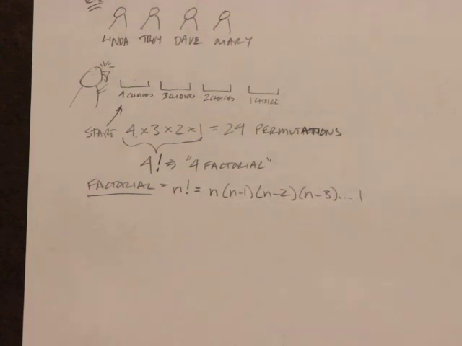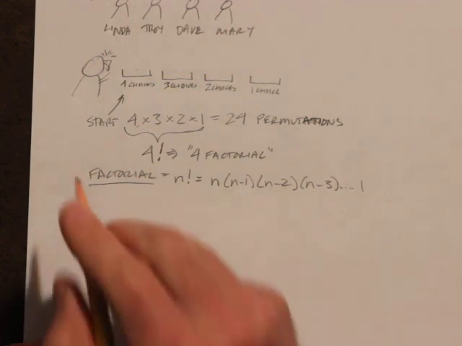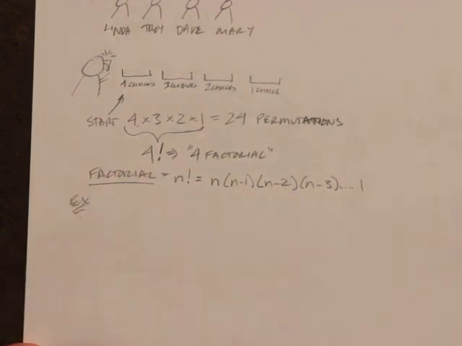So now let's see if we can do some permutation examples here. Here's an example of a permutation.